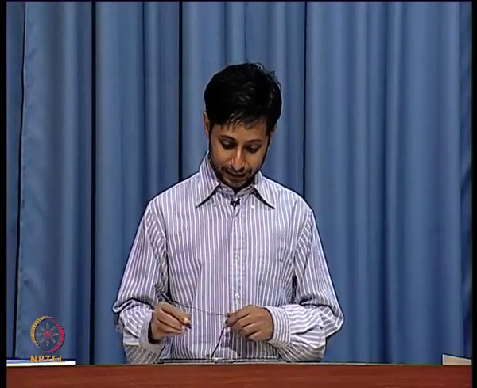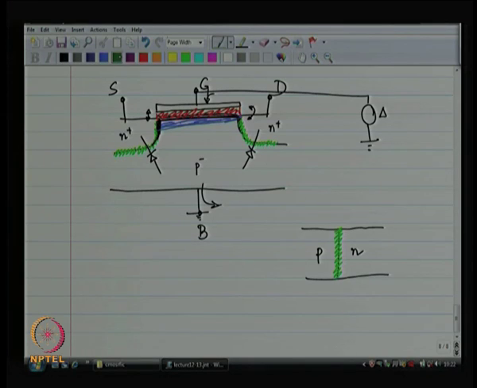So, it is exactly like a dielectric, and hence the capacitance between P and N is going to be given by this cross sectional area times epsilon of the material divided by the depletion width.